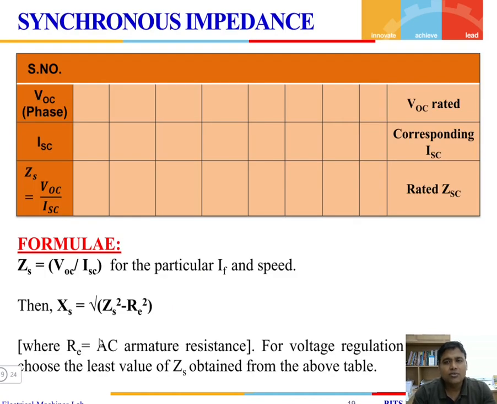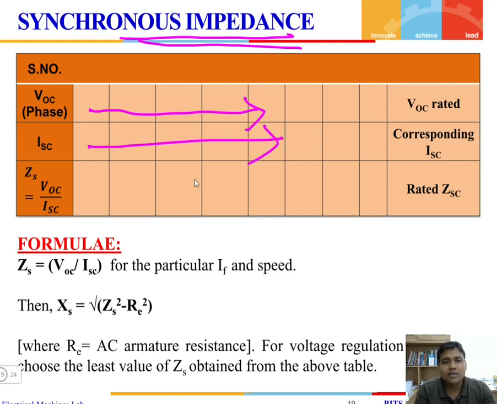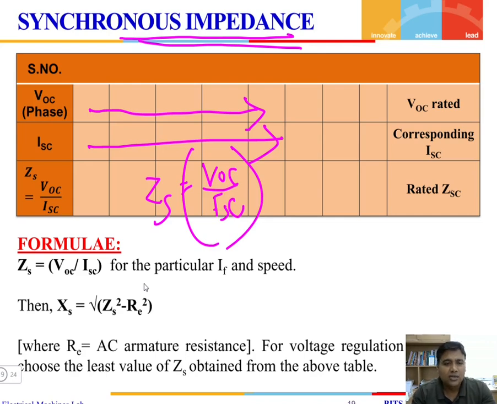Once we have obtained all these things, we can determine the synchronous impedance, because the open circuit phase voltage we have obtained, and the short circuit current we have obtained. So for the ZS formula, basically the open circuit voltage divided by the short circuit current gives the synchronous impedance of the machine. The RA value we have already measured using a multimeter.